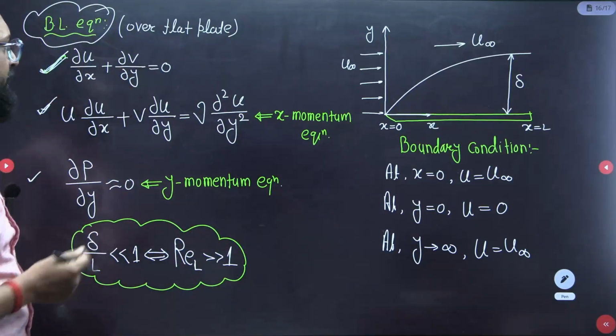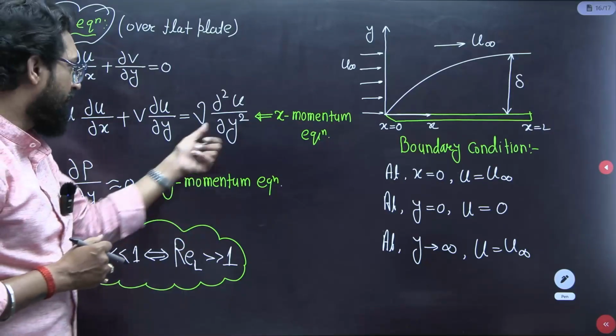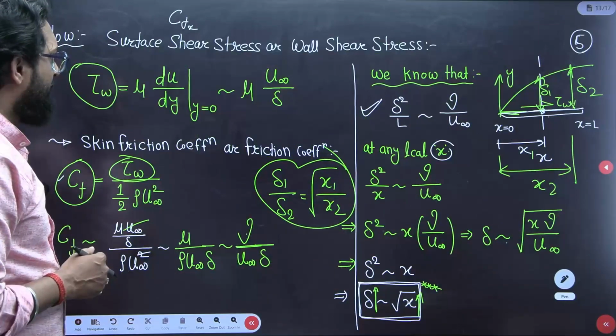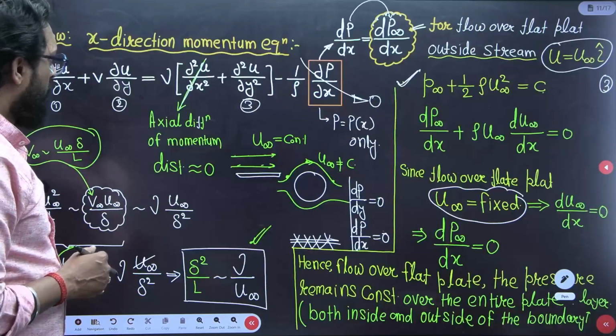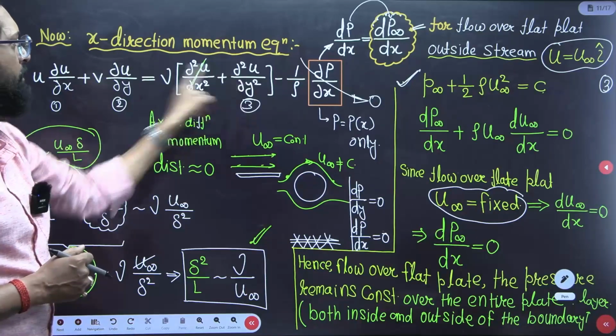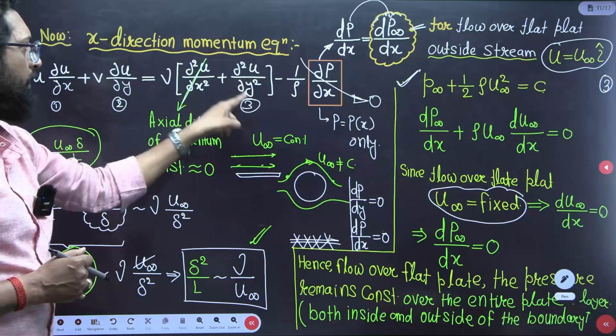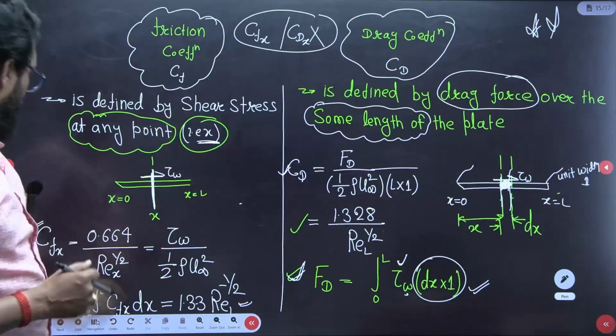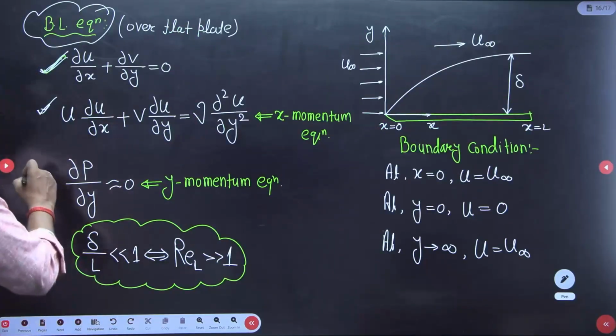Diffusion in the x direction is negligible. So this is only mu dou square u by dou y square. This is a very important thing. So this is the second equation of the boundary layer, and the third one is the y direction.